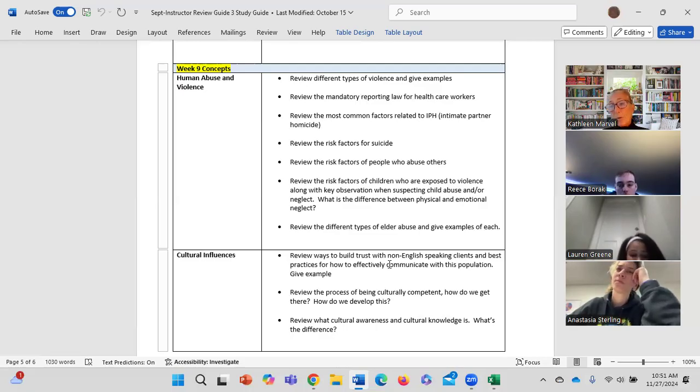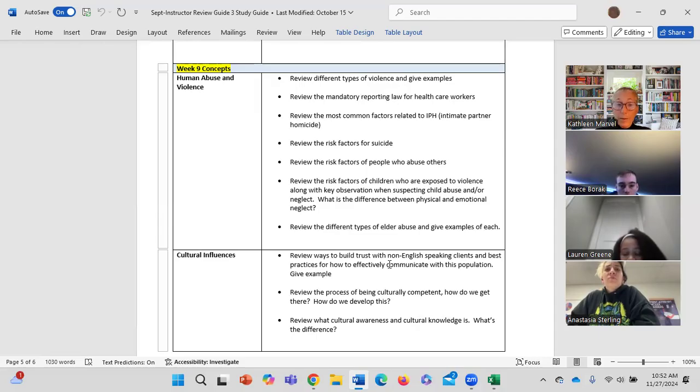But elders are so at risk for abuse and neglect in so many ways. So if you are a home health nurse or a community nurse working with the elderly population, whether doing home visits or group education, you need to be very mindful of the risks and the red flags and what to observe with regards to taking care of the elderly.